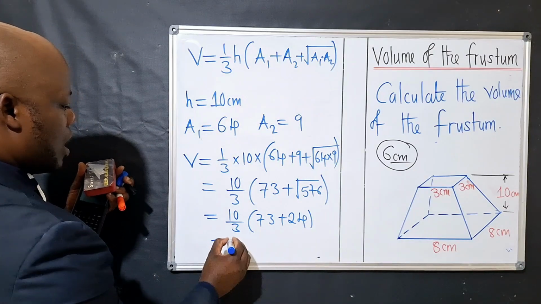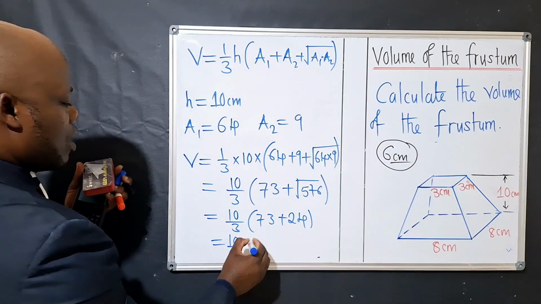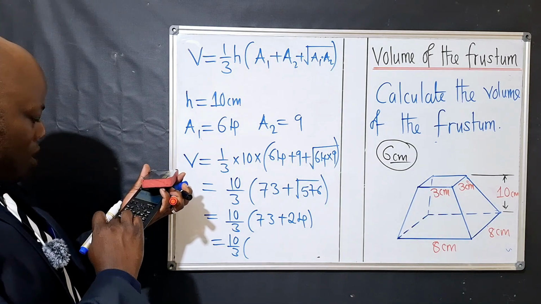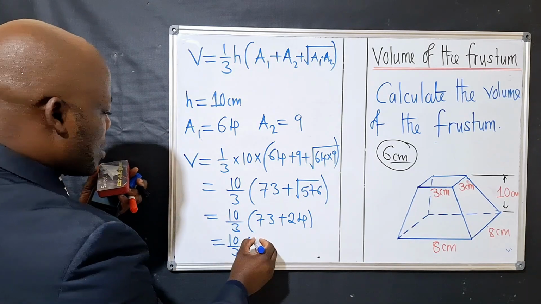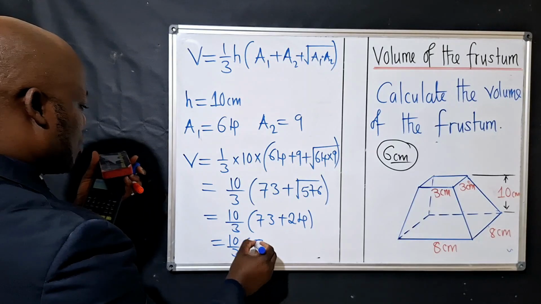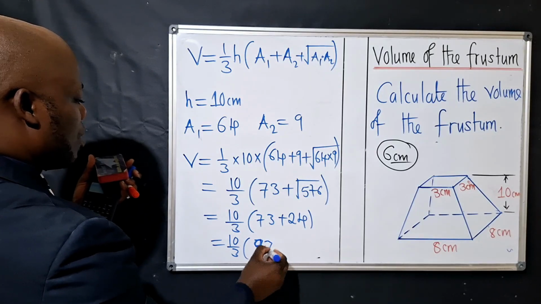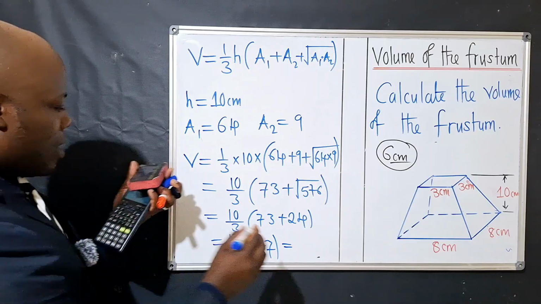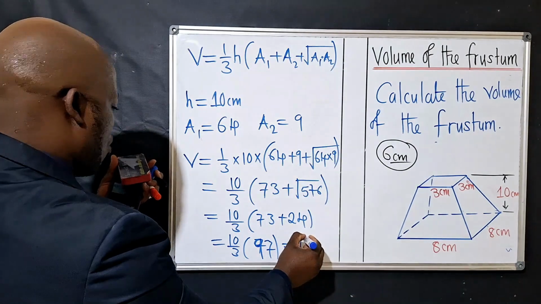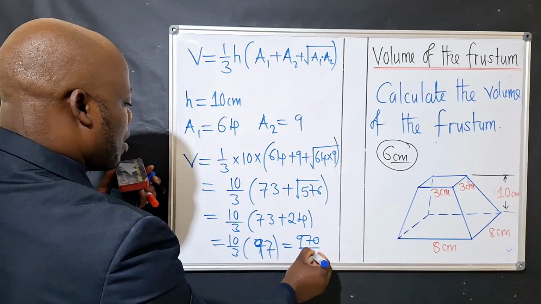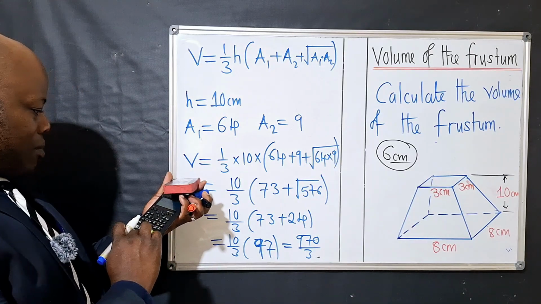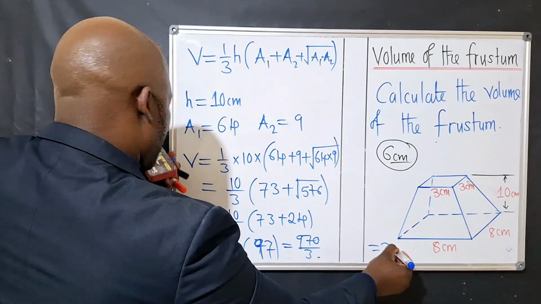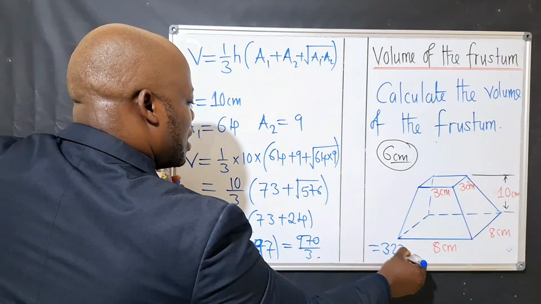We add inside here 73 plus 24. It's giving us 97. So times 10 over 3 there. So we have 970 over 3. Divide by 3. This is, of course, giving us the actual answer we're looking for, which is right over here.